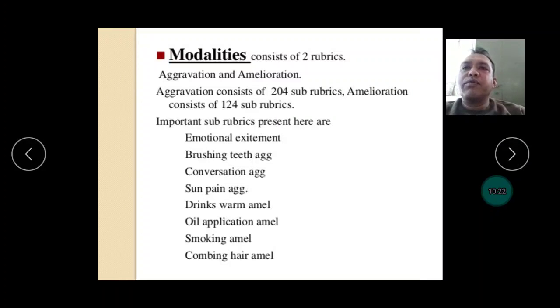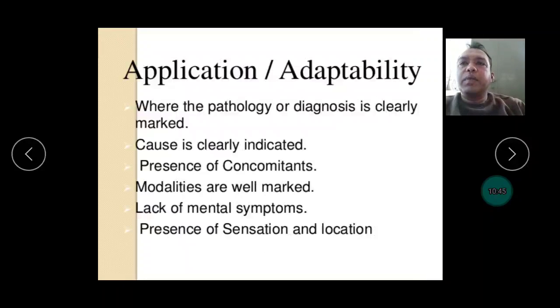Aggravation consists of 204 rubrics and amelioration consists of 124 rubrics. Important subrubrics are excitement, emotional excitement, brushing teeth aggravation, conversation aggravation, sun pain aggravation, drink warm, oil application, smoking and combing hair. These are some important subrubrics which can be studied.